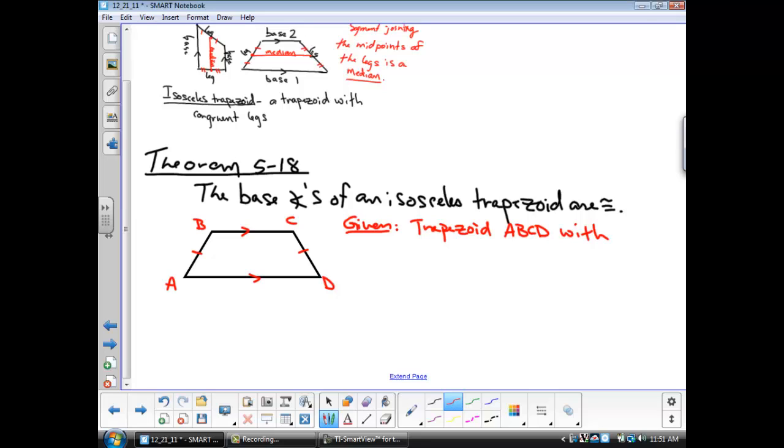So BC is parallel to AD, and AB is congruent to CD.